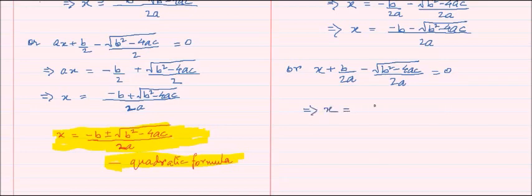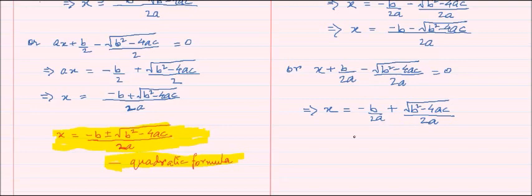So x is equal to plus b by 2a becomes a minus b by 2a. And since this is a minus sign, it becomes a plus sign. And it is under root b square minus 4ac by 2a.